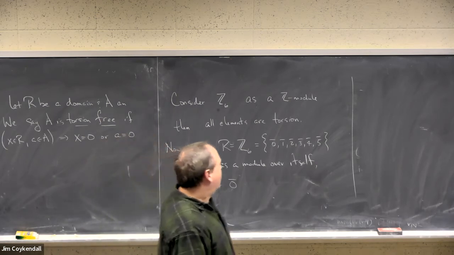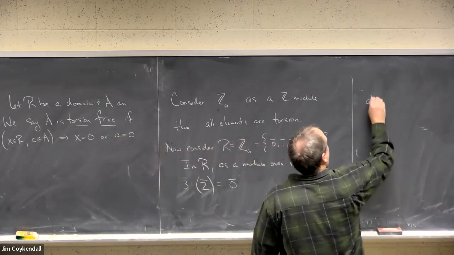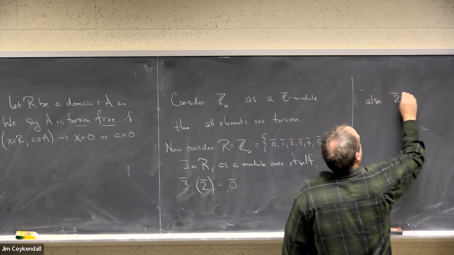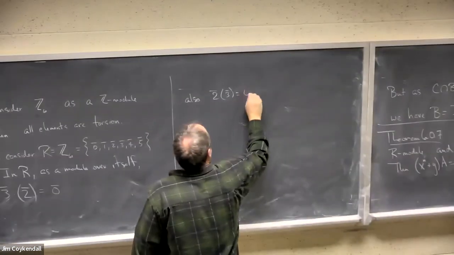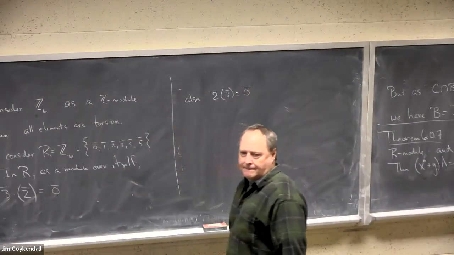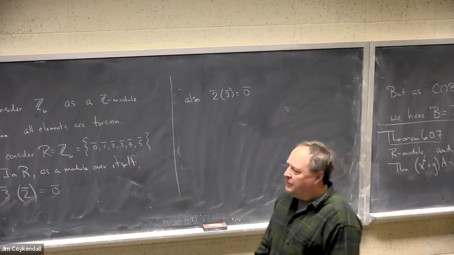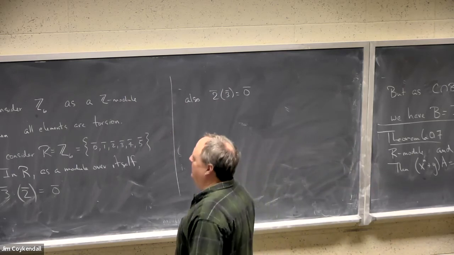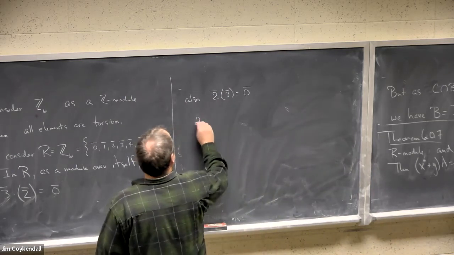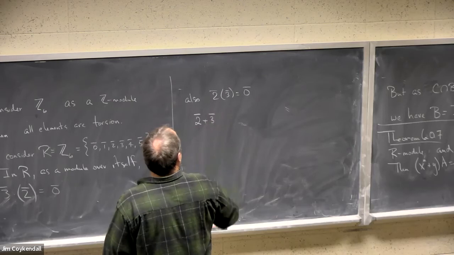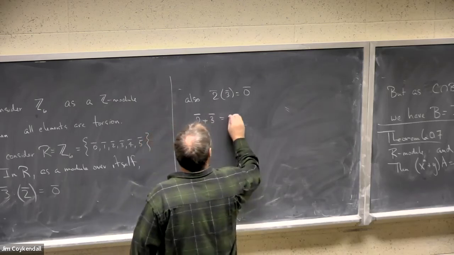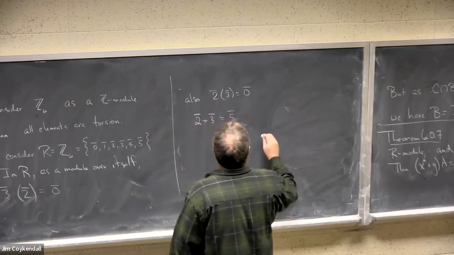Also, 3 bar is a torsion element of this module. The reason it's a little bit wonky in the non-domain case is that 2 bar plus 3 bar is 5 bar, which is not torsion.